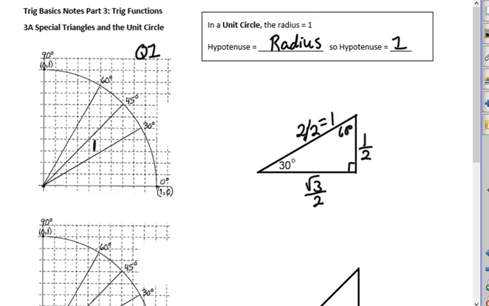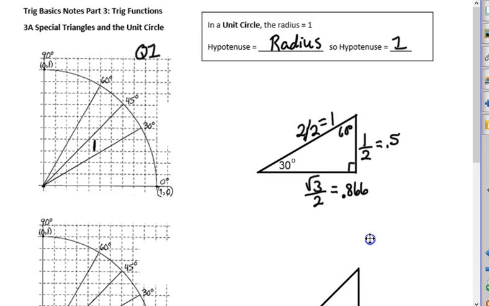So if I make the hypotenuse equal 1, then the opposite side becomes 1/2, which I'm going to also write in decimal form as 0.5, and the adjacent side becomes the square root of 3 divided by 2, which should look familiar because we've seen trig values that look like that. If we take the square root of 3 divided by 2, that's about 0.866, which I will abbreviate sometimes as 0.86, sometimes as 0.87, but anyway, that's the number, 0.866, and it goes on.